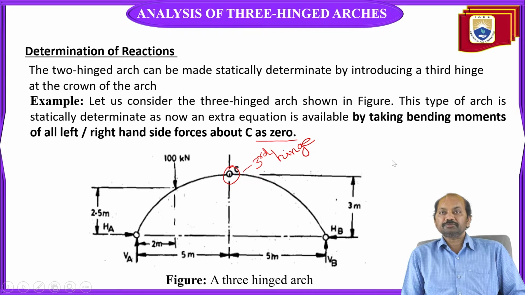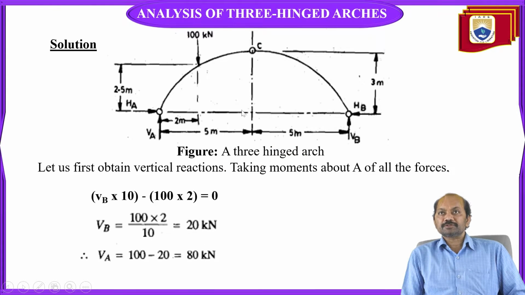Now you observe this figure. Same figure I repeated in this slide. The span of this three-hinged arch is 5 meters plus 5 meters, 10 meters, and the rise of this arch is 3 meters, from here to here.